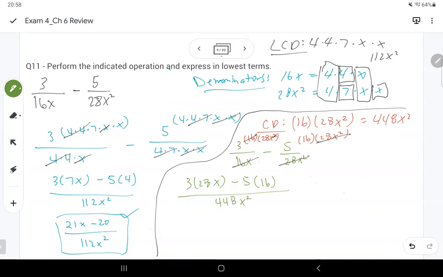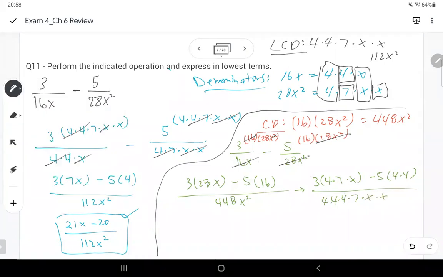Okay, so I'm going to write these in their more, I'm air quoting, factored forms. So you're going to have 3 times 4 times 7 times x minus 5 times 4 times 4 over 4 times 4 times 7, 3 4s times x.